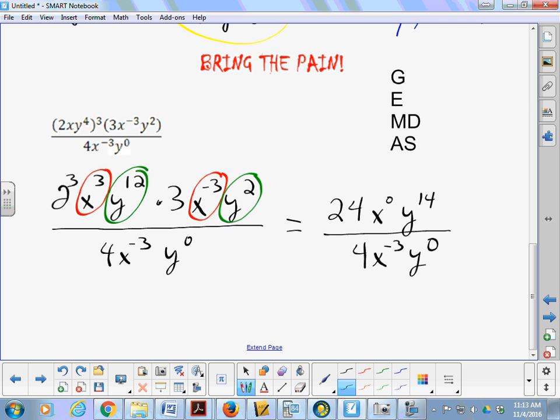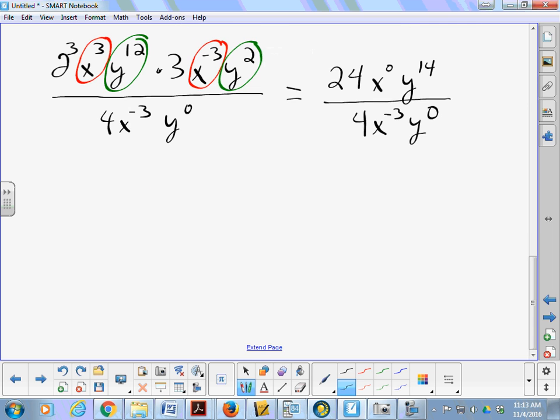So let's use our quotient rule now. We can move the x to the negative 3 in the numerator, and I said to do that, so let's do that anyway. So we still have our 24. x to the 0 is 1. Okay, so 24 times 1 is just 24, so I don't need that. We have y to the 14th. Then this x to the negative 3rd moves to the numerator, becomes x to the positive 3rd.